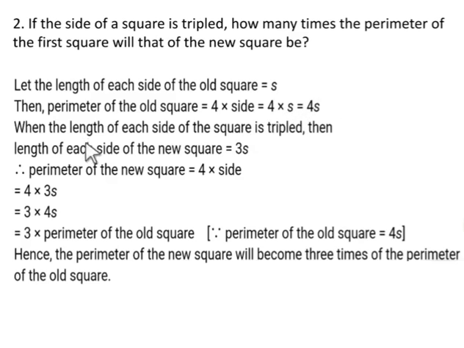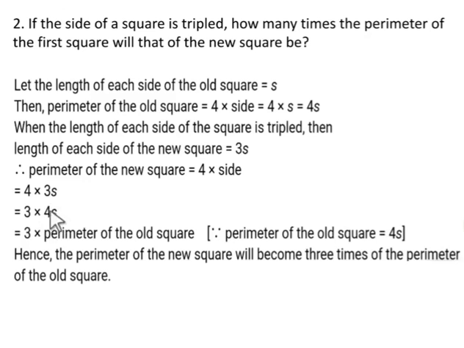Now, when the length of each side of a square is tripled, then the length of each side of the new square is 3S. So according to this measurement, the perimeter of the new square will be equal to 4 into side, that is 4 multiplied by 3S. Here if we interchange 4 and 3, we will get 3 into 4S.